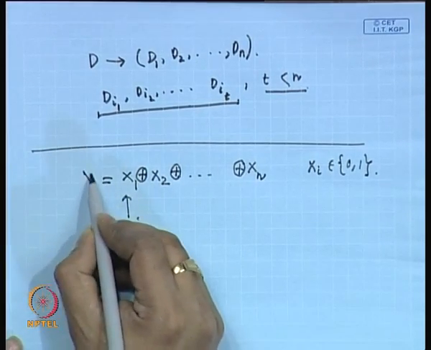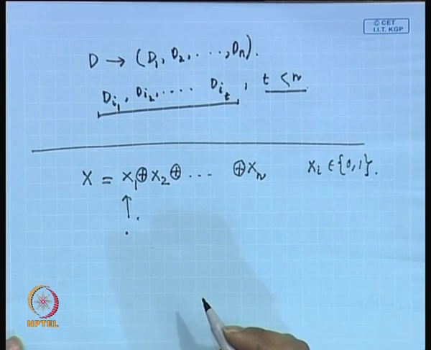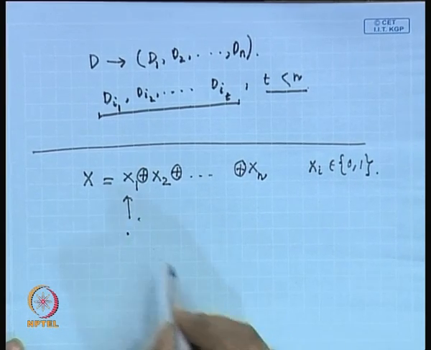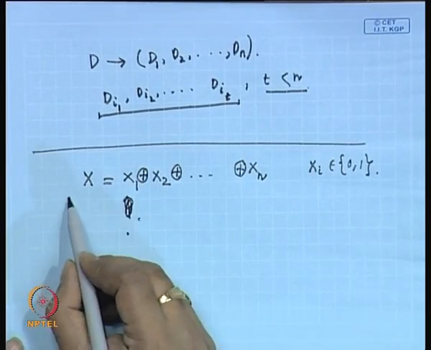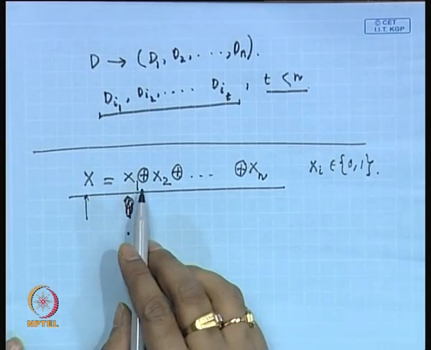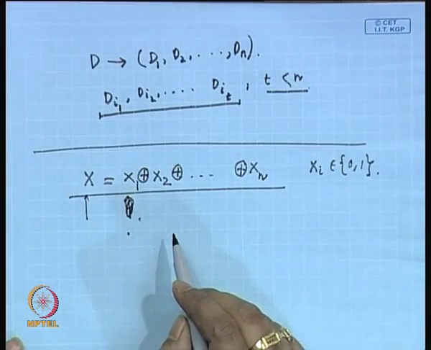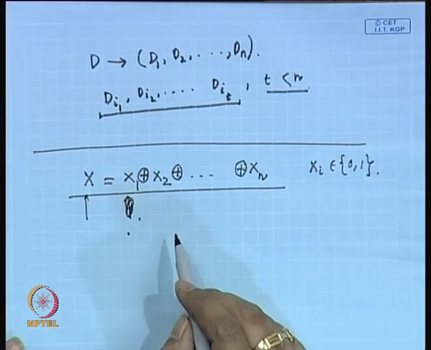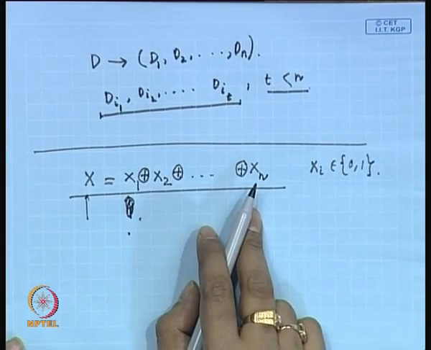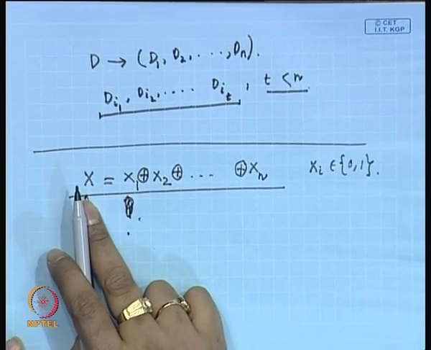If this XOR sum is x, that is, x is equal to x1 XOR x2 XOR so on up to xn, then you see that in order to find out the value of x, we actually require n values, is it not? If there are n minus 1 such values obtained, then what is the information leakage about x?